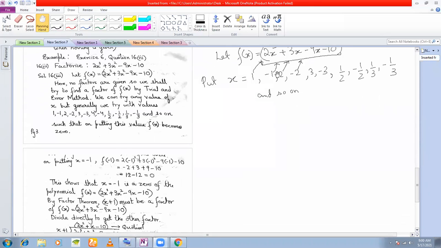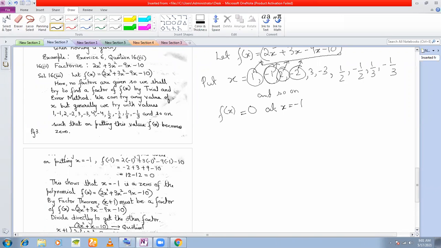Now, once you know that it vanishes, suppose, for example, here, it will be seen that f(x) is equal to 0 at x is equal to minus 1. I checked for all the values. I checked with 1, I checked with 2, I checked with minus 2. All the values I did not get 0.